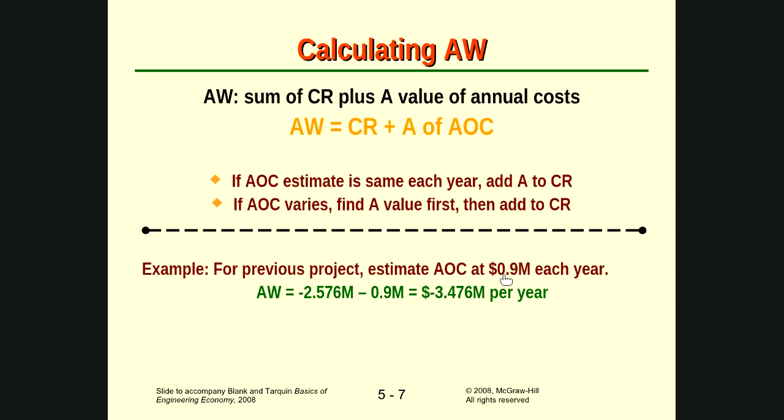Okay, so the common mistakes in this part of chapter 6 come from 3 sources. First, students calculate capital recovery including the annual operating cost. Second, students calculate annual worth as just the capital recovery and do not include the annual operating cost.